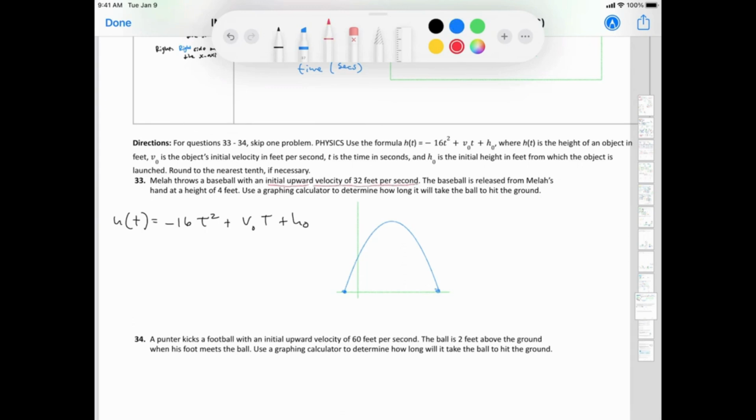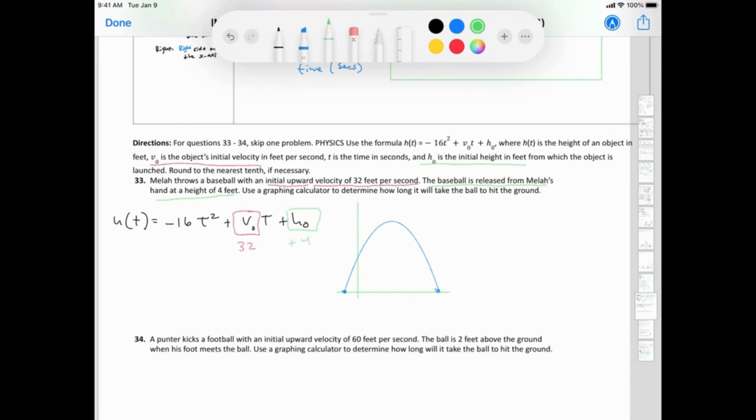Don't worry about the units, but initial velocity is v0, so that number is 32. The baseball is released from Mela's hand at a height of 4 feet. Released at 4 feet is the initial height, the starting height. So this one is going to represent plus 4.